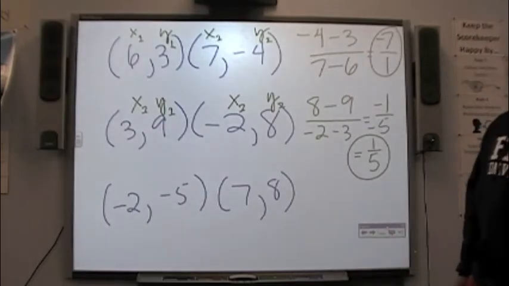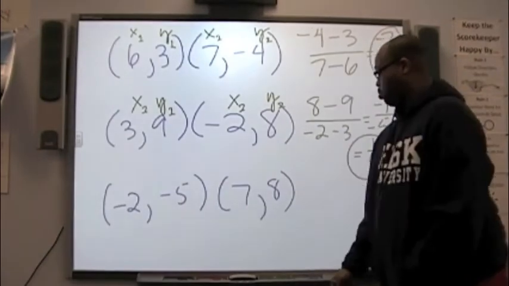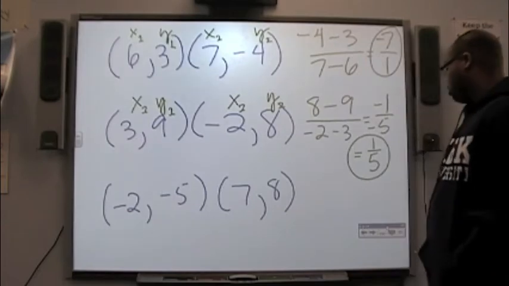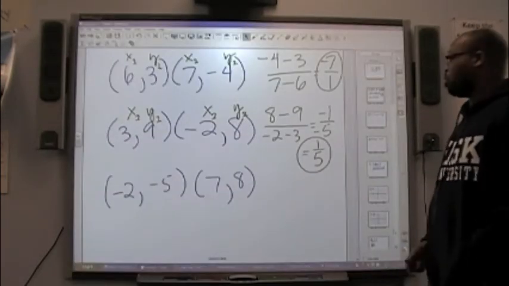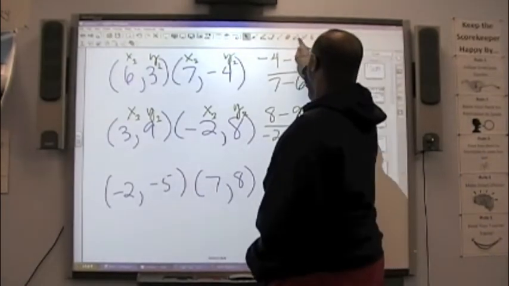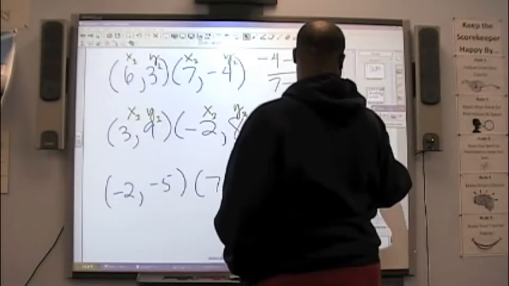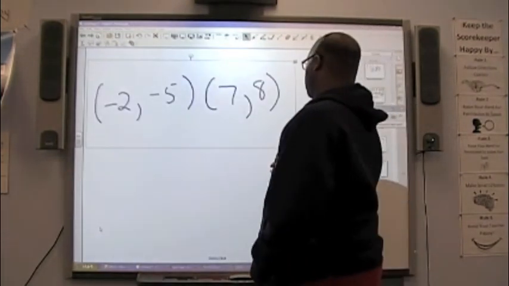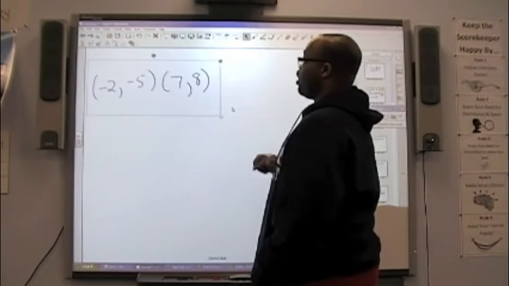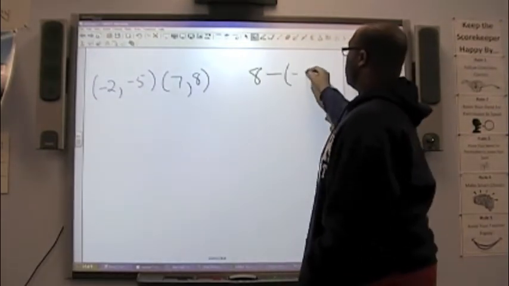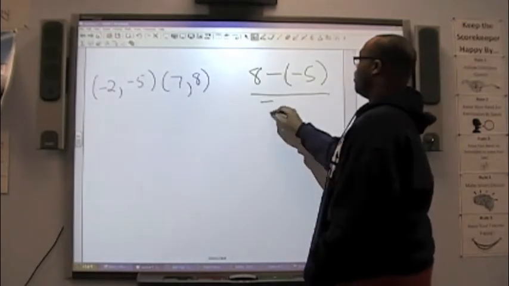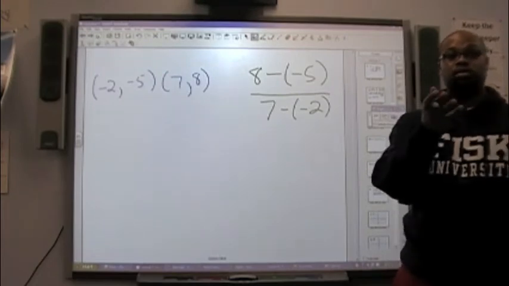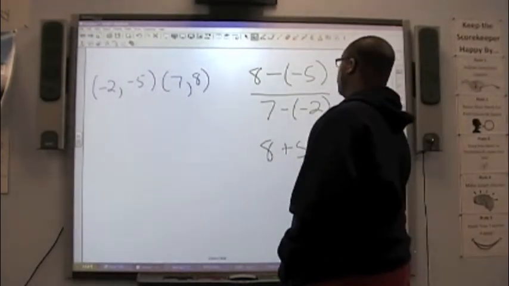Let's take a look at this last one. Final minus initial. That's going to be 8 minus a -5, and 7 minus a -2. Let's take a deeper look at that. 8 minus a -5 is actually what? 8 plus 5. 13.